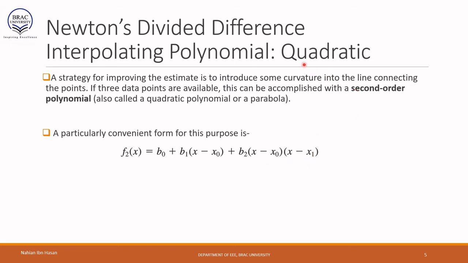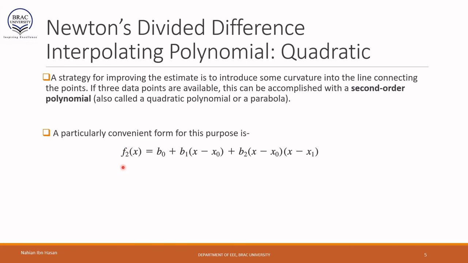Since this is a quadratic interpolating polynomial, we need to have at least three data points. This is the general equation of a second order quadratic equation. So x naught, x1 and x are given, and we need to determine f2 of x.